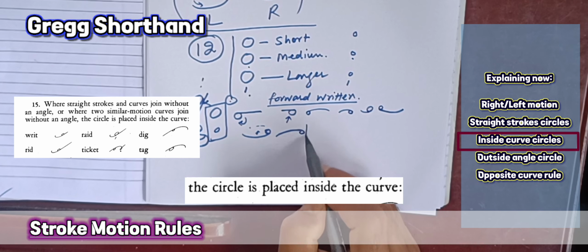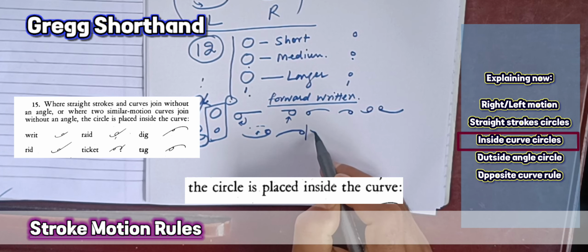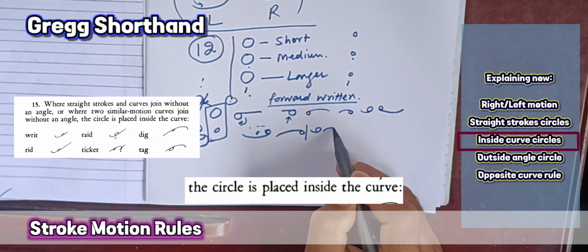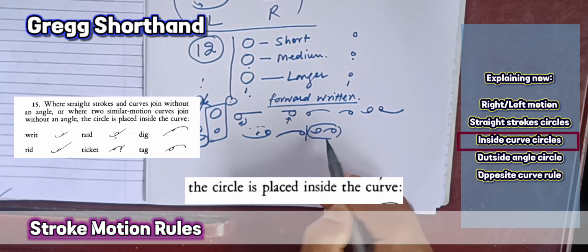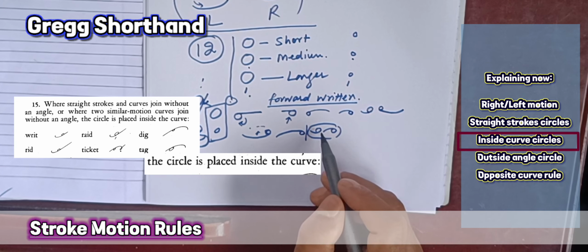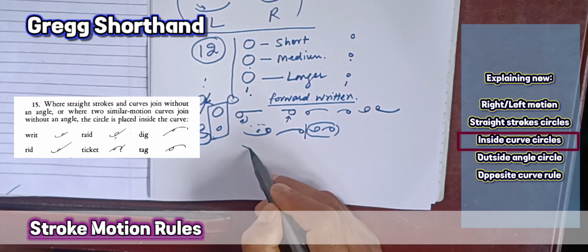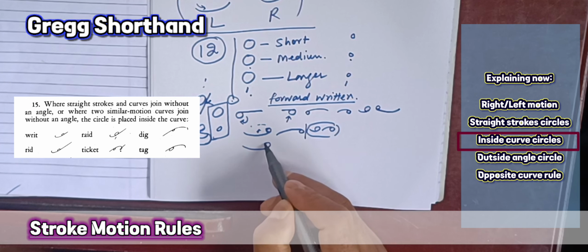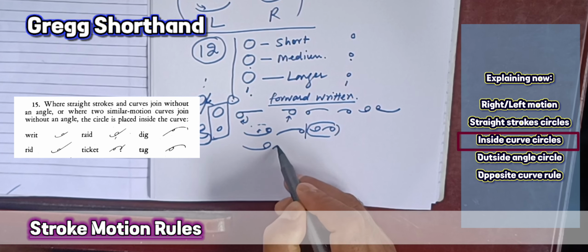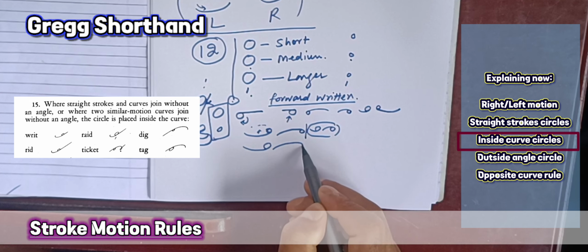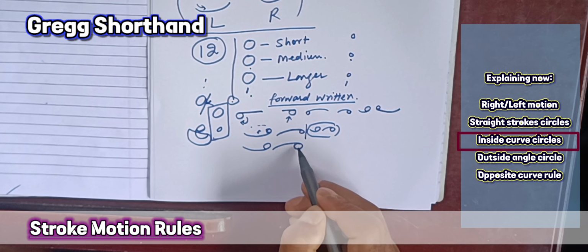So this is the rule, remember this. For R and L, the same rules apply. This circle will always be inside the stroke. If you are going like this, it becomes easy to make a circle. In the same way, if we are following it like this, it becomes easy to make the circle inside this figure.